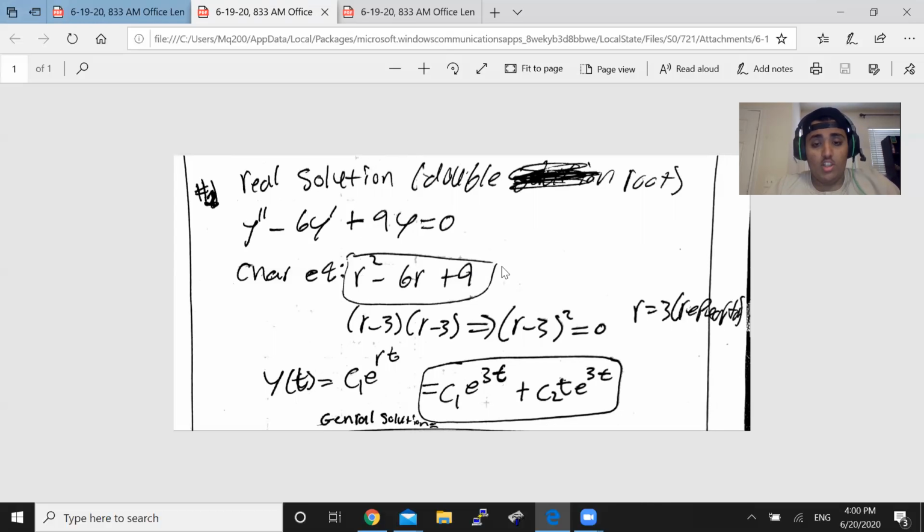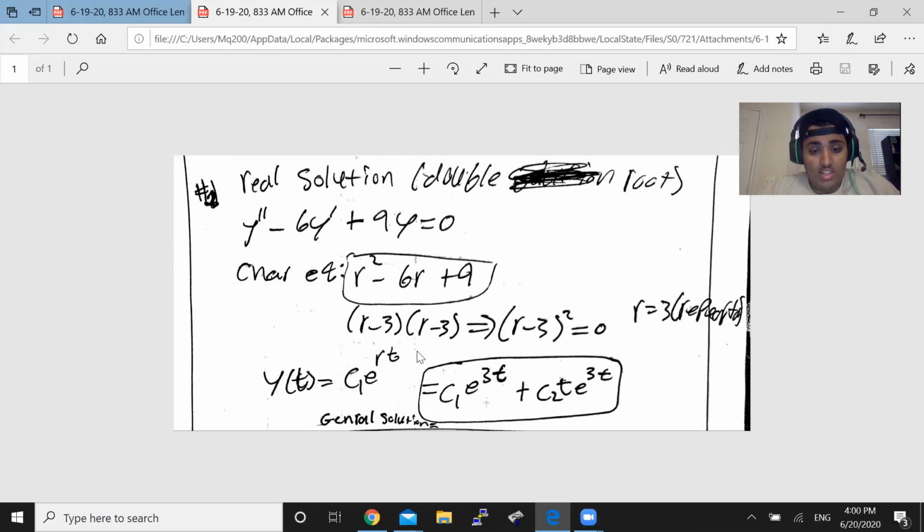If we factor it, we're going to have a double root, r minus 3 squared. So just to make sure it's recorded, r equals 3, repeated. That's how we know which case it is.